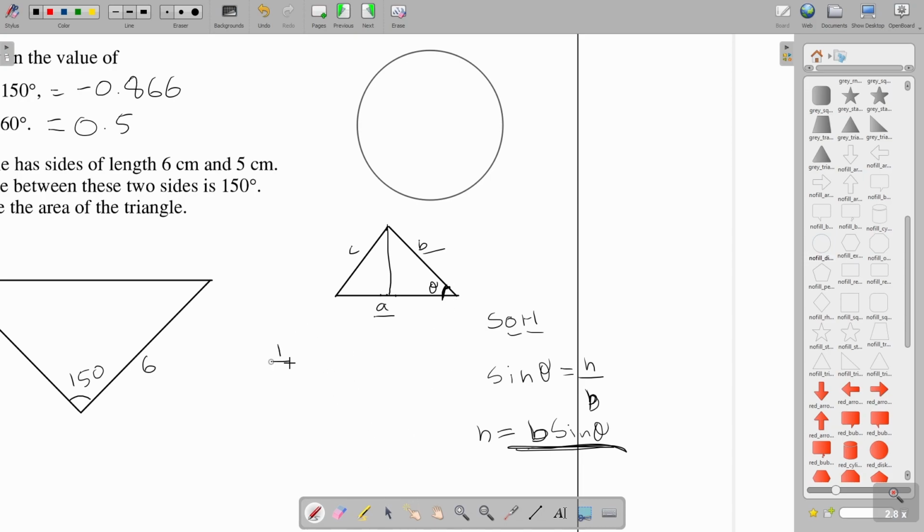So we can call it half into a into b sine theta, right? Because a is still the base, I just renamed it a.